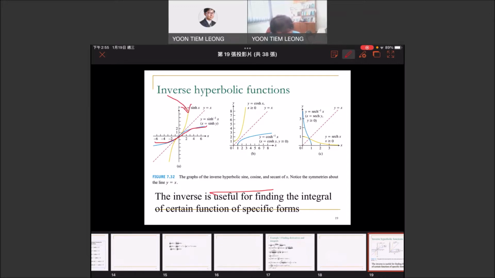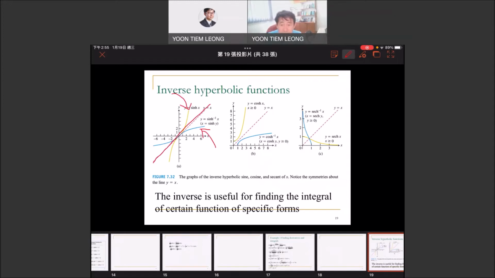Now maybe I should correct what I said a minute ago. Here you have two graphs. The original function is y equals hyperbolic sine x, the yellow function. When you make a reflection about the line y equals x, you obtain the blue function.